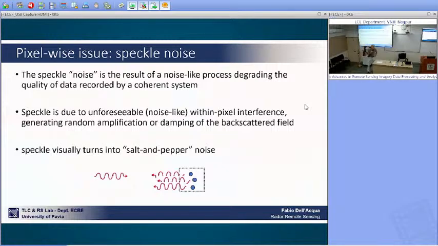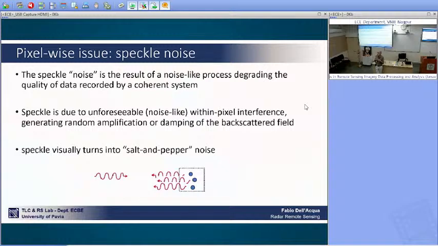If you are acquiring a certain area, you don't know what is there. You cannot foresee in advance what is going to happen here. And so you will get a response that you can call random. When I showed you this phenomenon here, that's exactly what we have witnessed. We don't know where the small bumps on the paper surface are located.